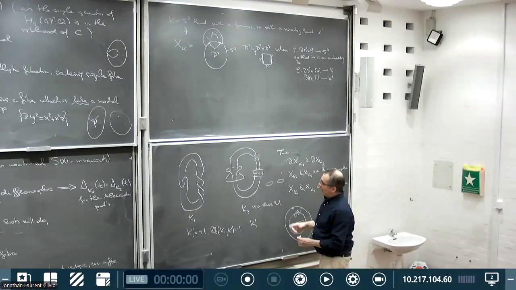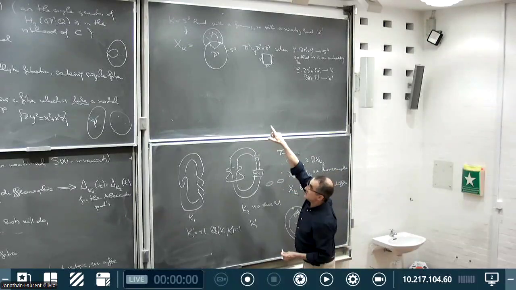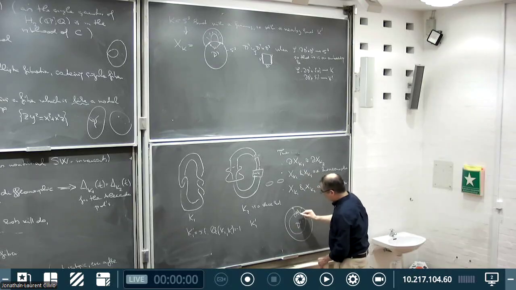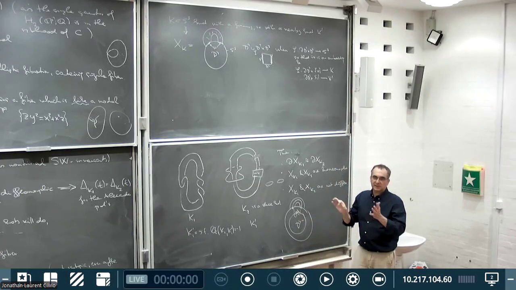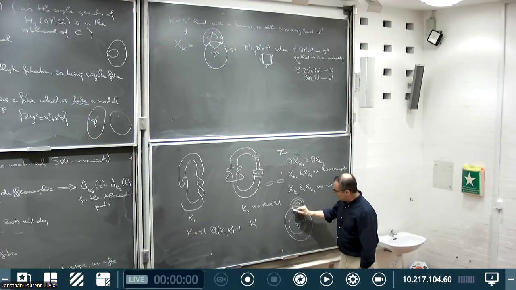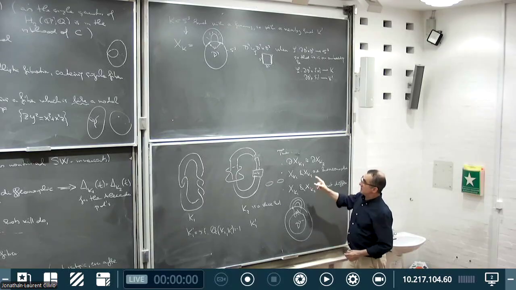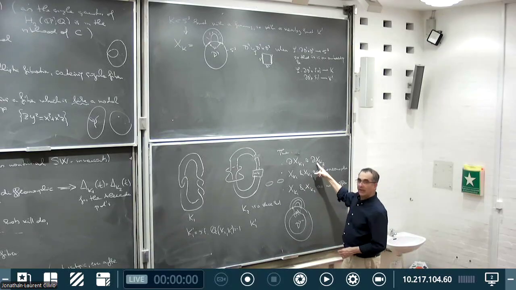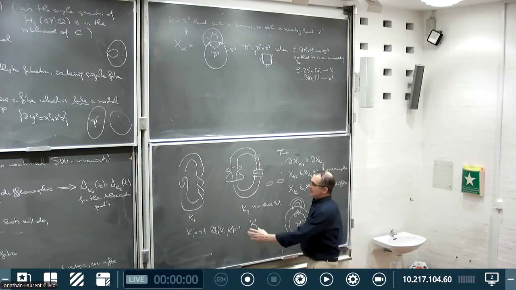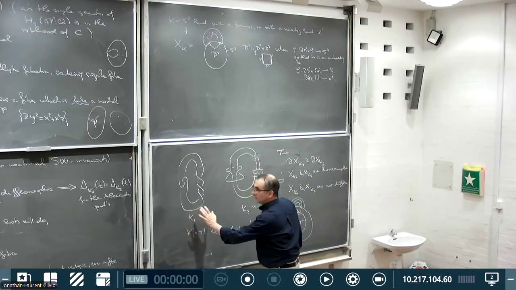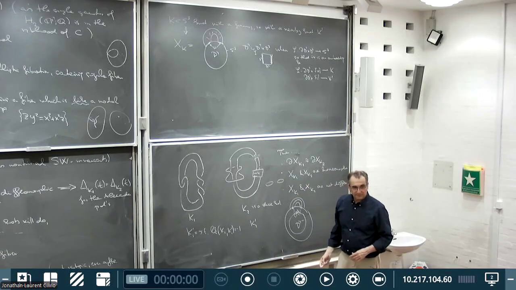Which means that after you glue this two-handle, this disk can be completed into a sphere of self-intersection -1, but it doesn't matter. What we can see is that the generator of the second homology in this guy can be represented by a sphere. And now the claim is that in XK1, this cannot happen.